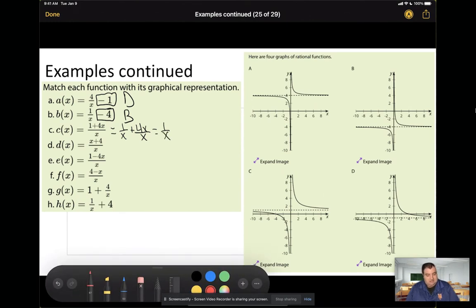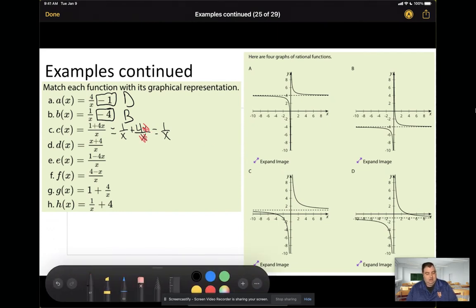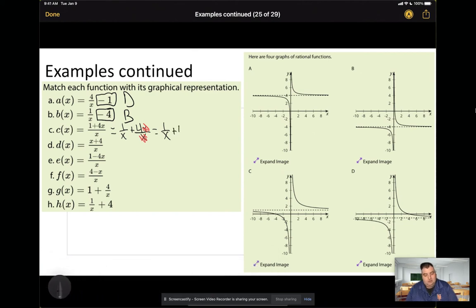And then in that second term, this x up here and this x down here are going to cancel each other out. And I end up with 1 over x plus 4. The constant term here is +4, which means it has a horizontal asymptote at +4. In this case, that's going to be graph A.